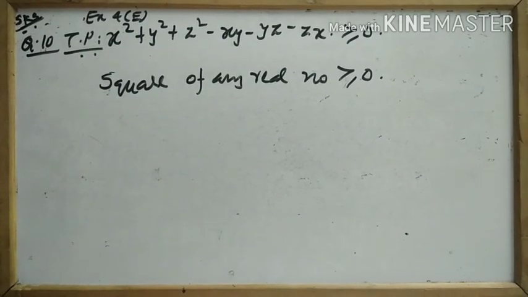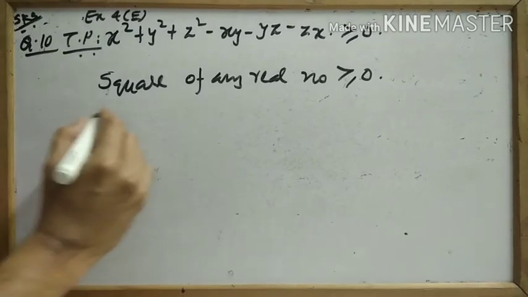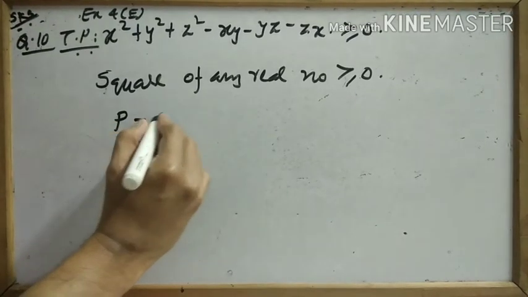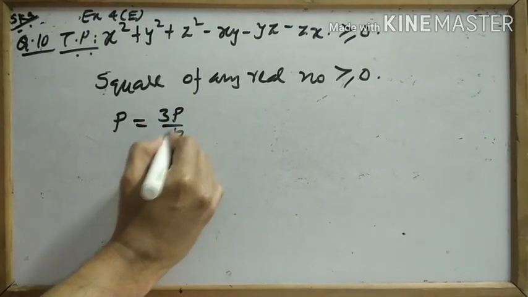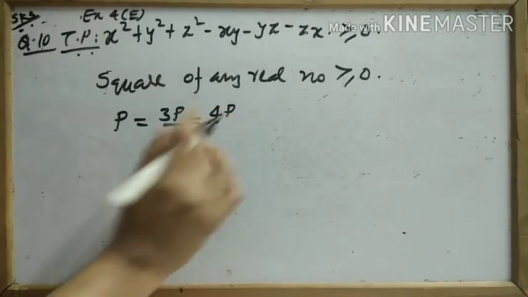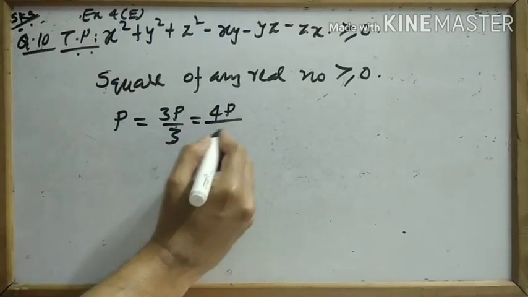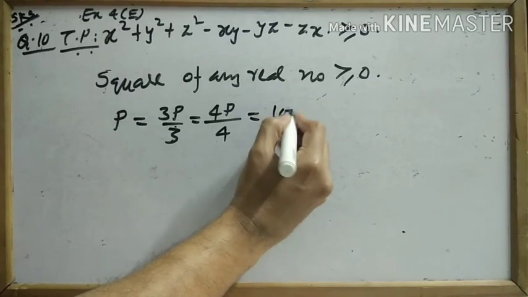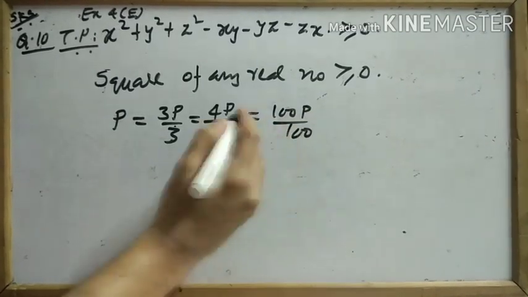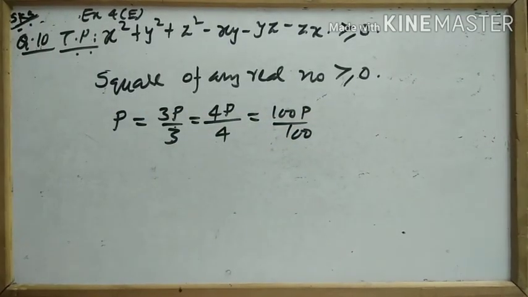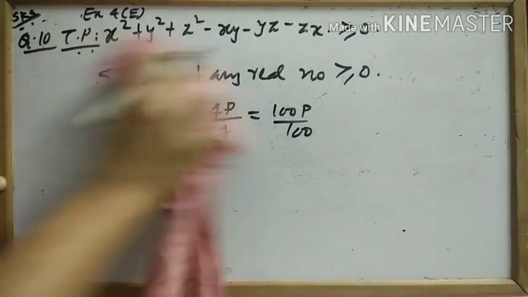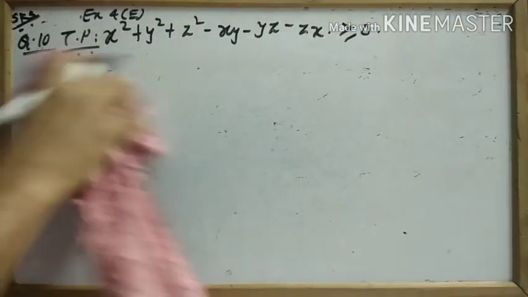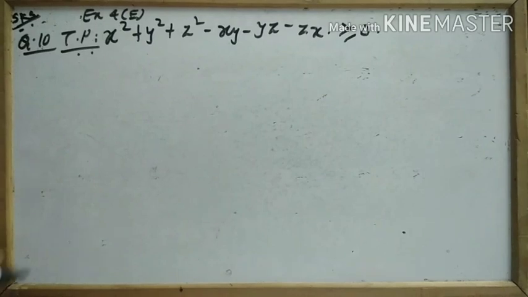As I told you, we have understood two things. One was I just explained that if I have p, then I can write 3p over 3, 4p over 4, or I can write 100p over 100. It means the same. Now I will enter into the proof part of this particular question, and it is not so difficult, let me tell you.